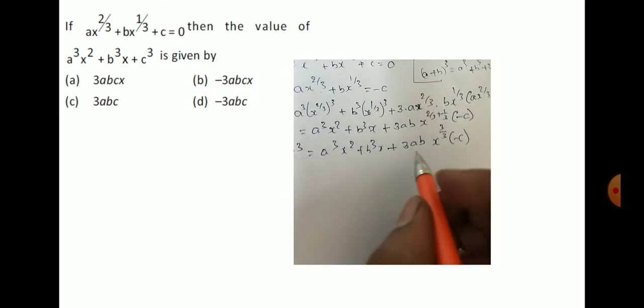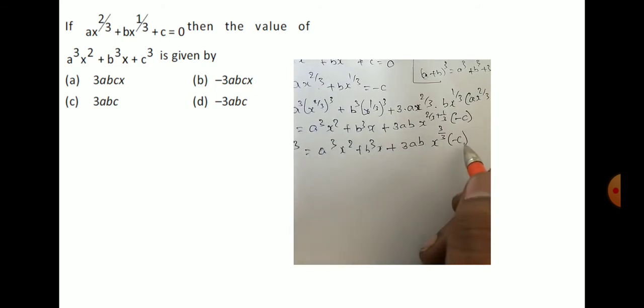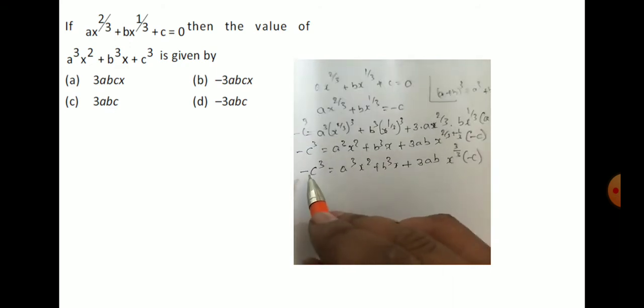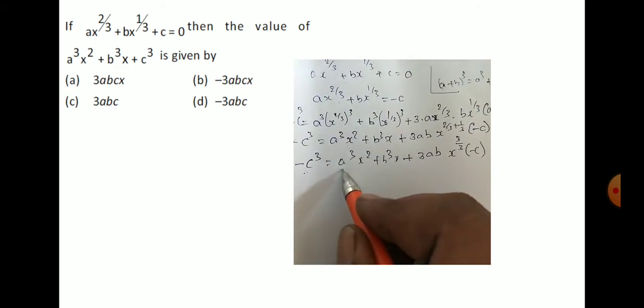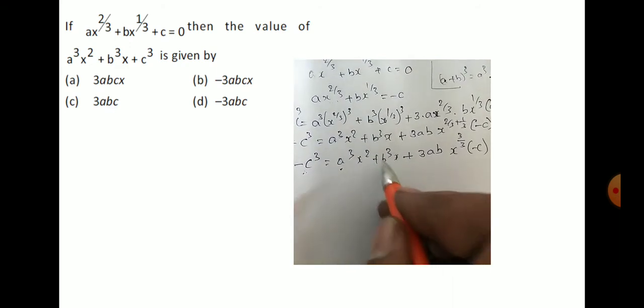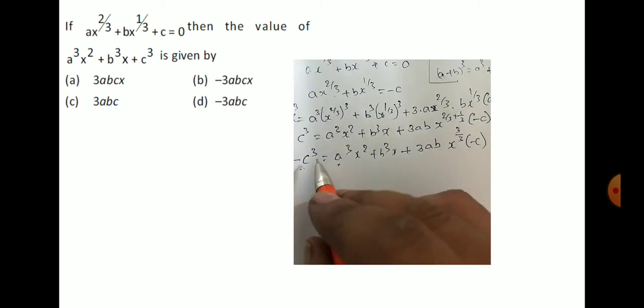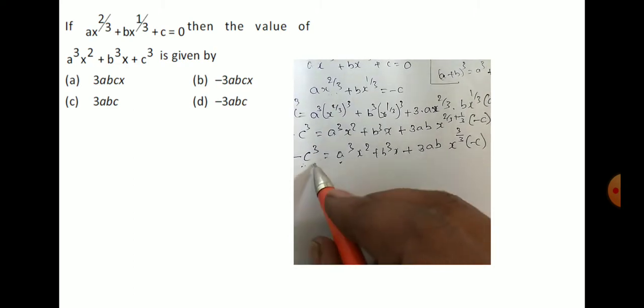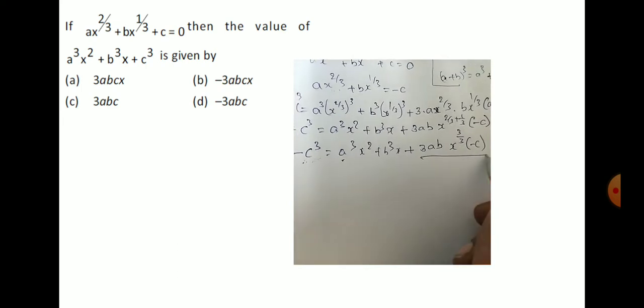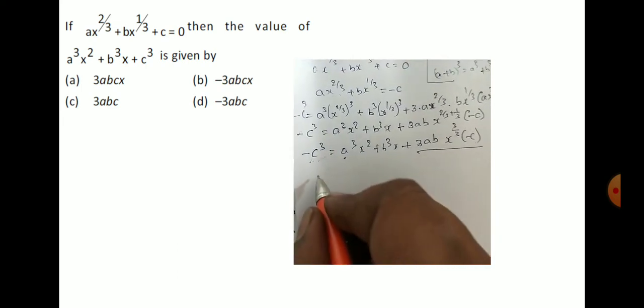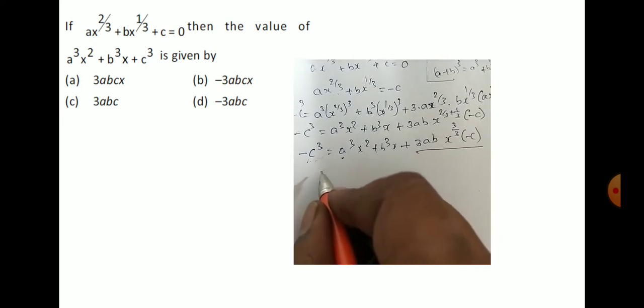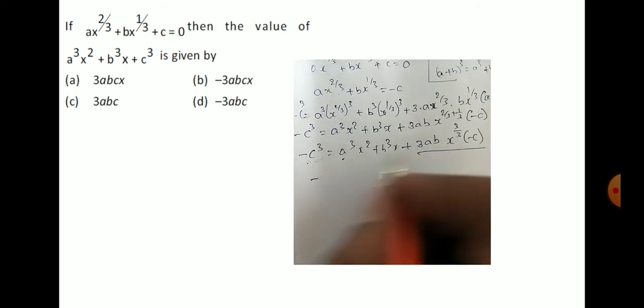Okay, I'll take this minus c cube to the other side. That is what they're asking: a cube x square plus b cube x plus c cube. I want this part to come to the right-hand side and that part to the left-hand side.